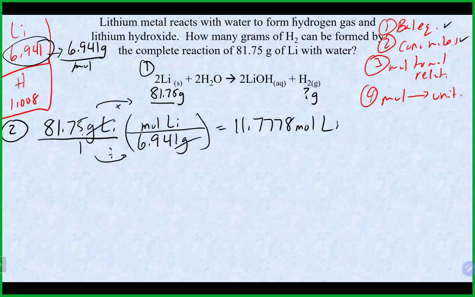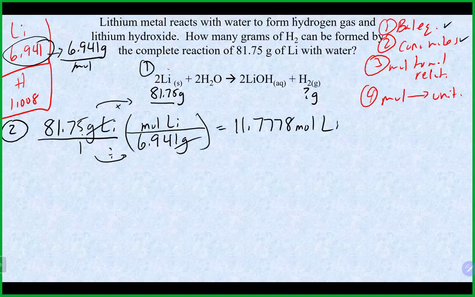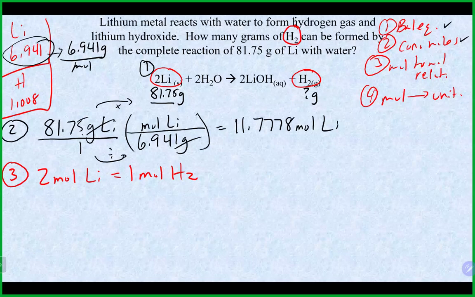Step number 3 is where the stoichiometry part comes into play. Once again here, we are given information about lithium, but we are interested in H2, so we need the stoichiometry to do that for us. From the equation, the coefficient in front of lithium is 2, so 2 moles of lithium gives us, just like we did in the previous problem, 1 mole of H2.